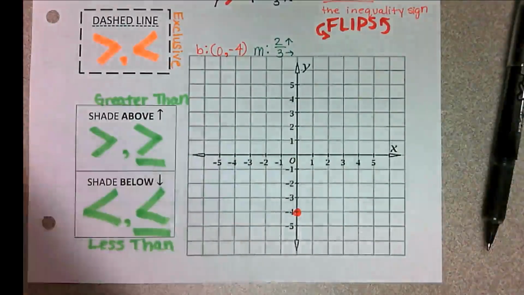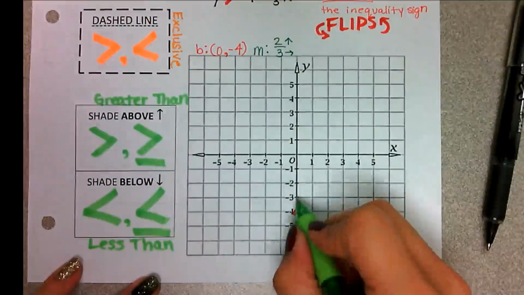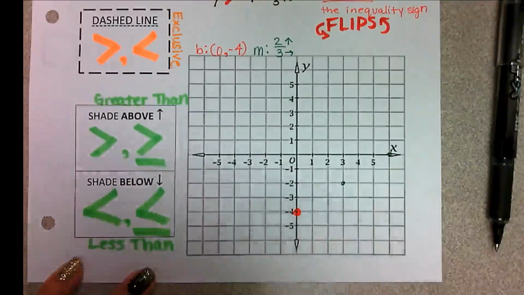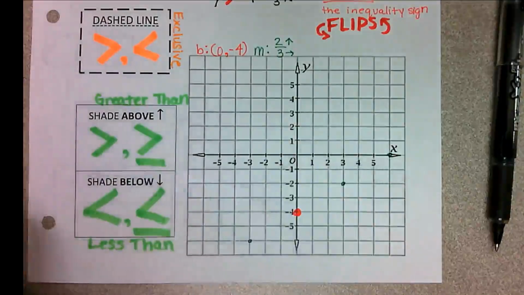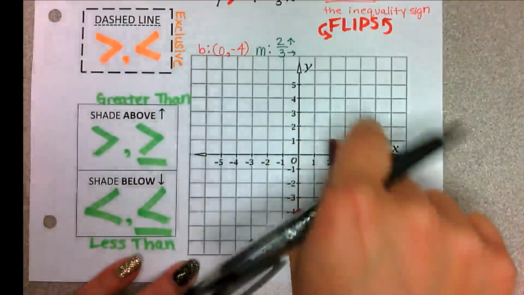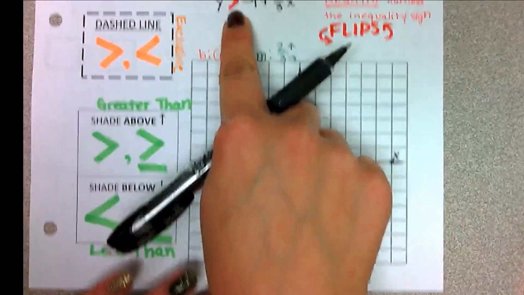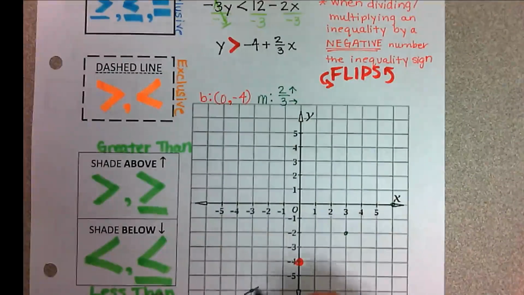And now I'm going to go up 2 to the right 3 until I've run out of space, and then I'm going to go backwards, down 2 to the left 3. Now, because we have an exclusive symbol here, we're going to create a dashed line.